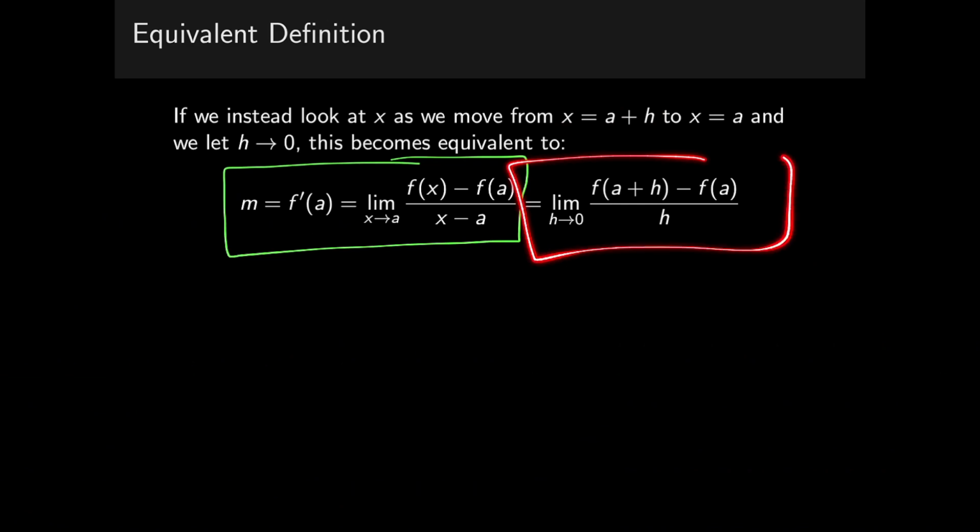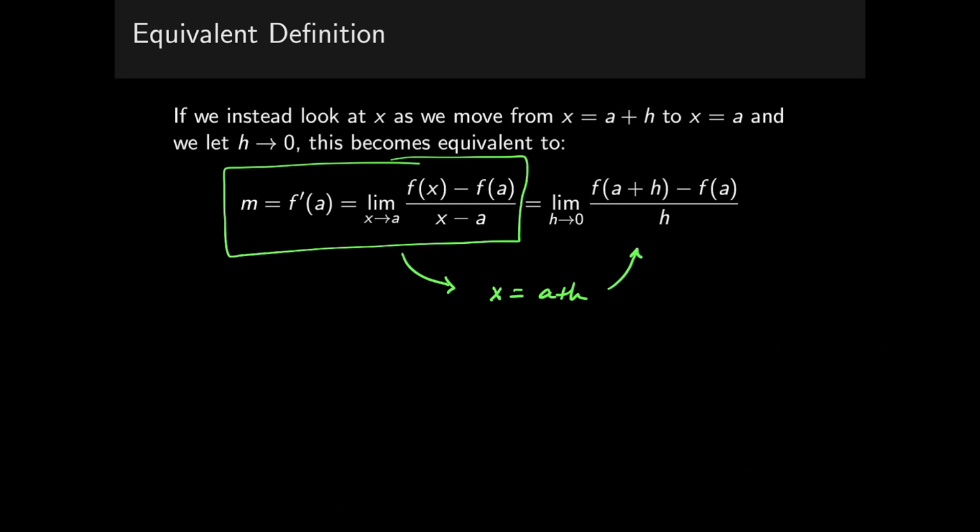And what we get is an equivalent limit: the limit as h goes to 0 of f of a plus h minus f of a all over h. Now, if you just let x equal a plus h in this limit and substitute it into here, you'll see that this is actually the same thing.